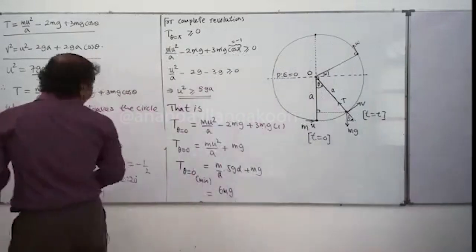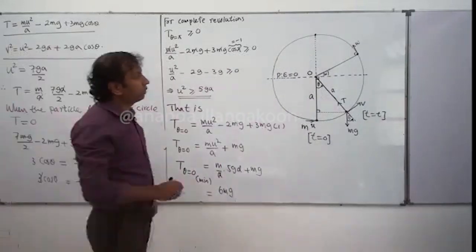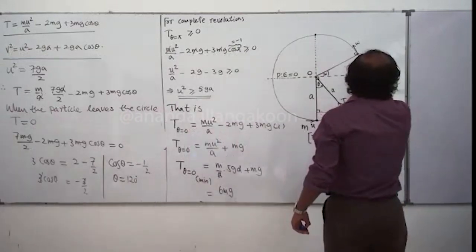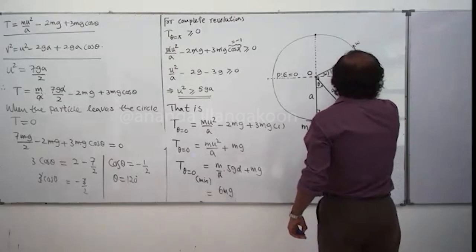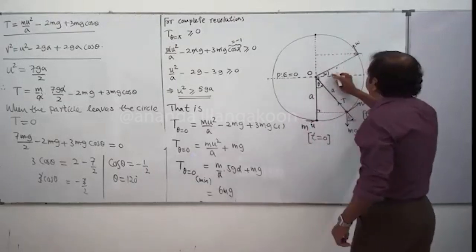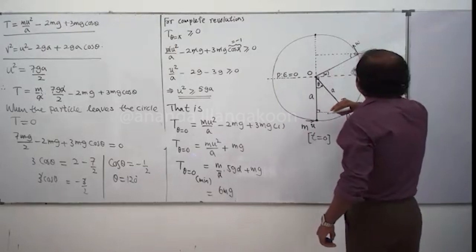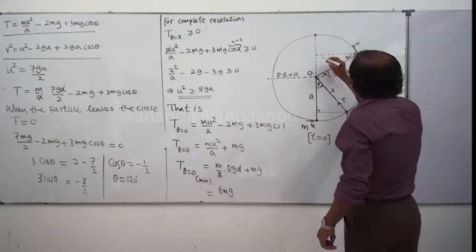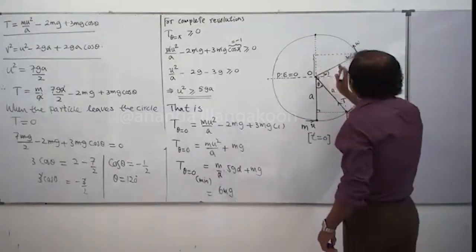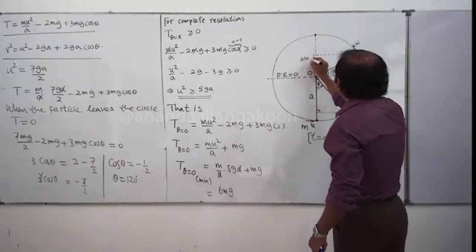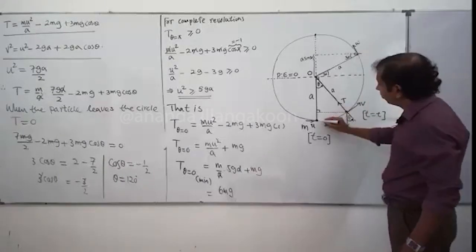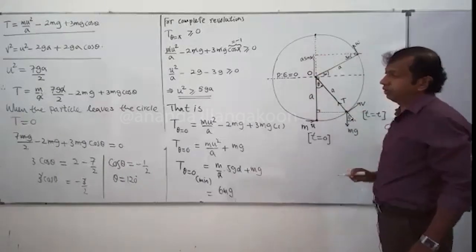Right? Now, to this point, ask him to find the height. If this is 30, this is also 30. This length is A. If this is 30, this height you can find. A sin 30. Then to this level, the height from this level going to be A plus A sin 30. 3A by 2, no?